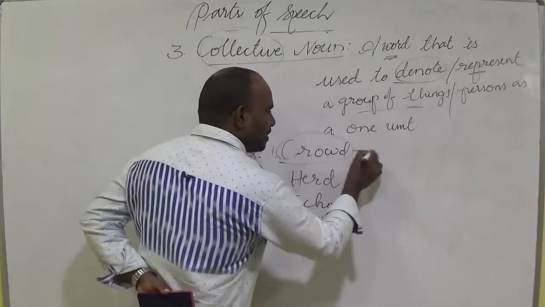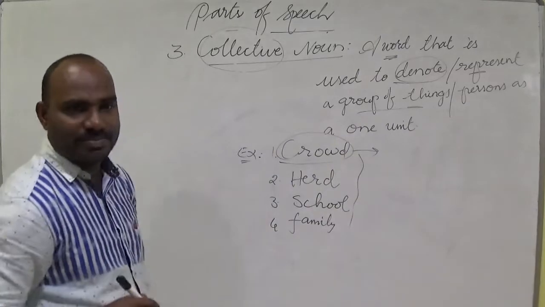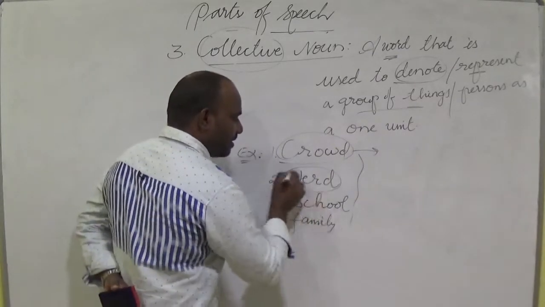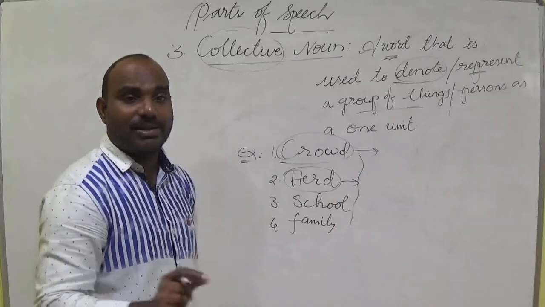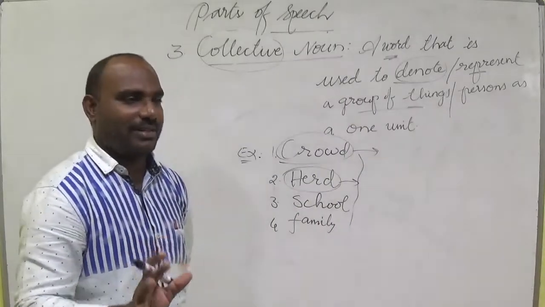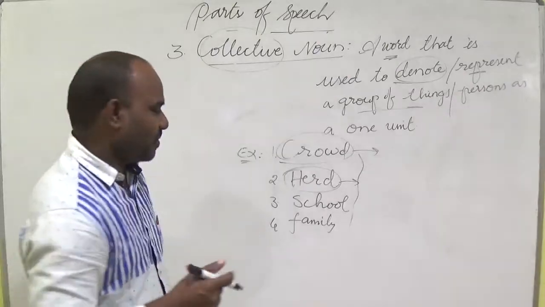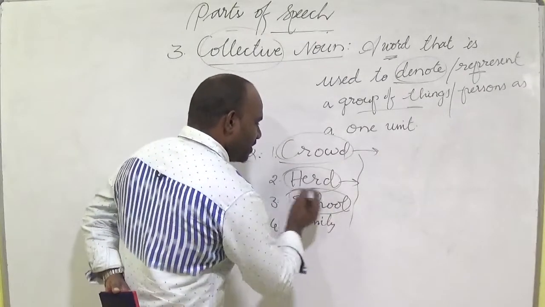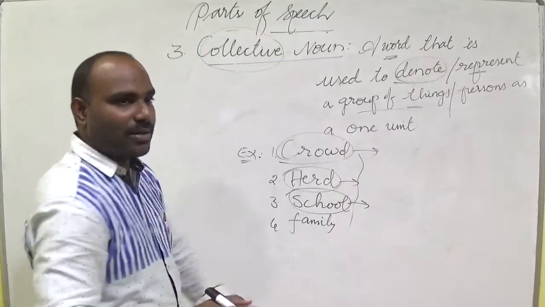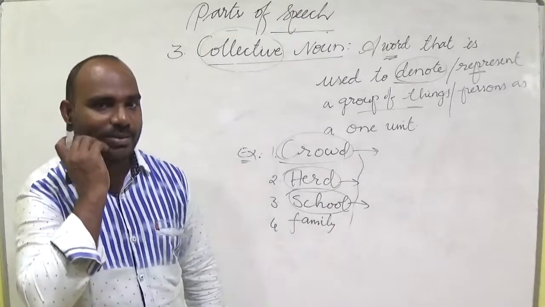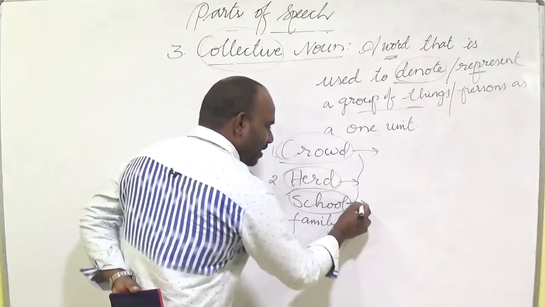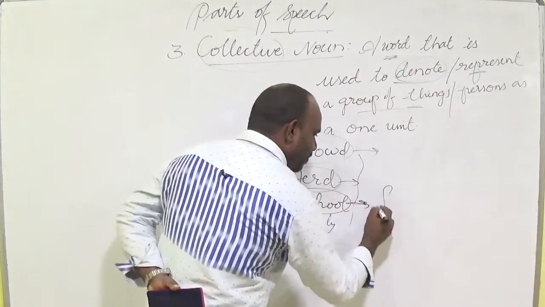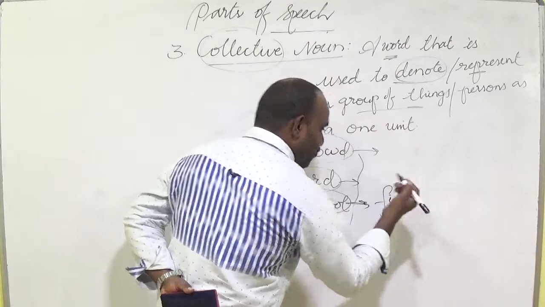Crowd means a group of people. Herd is used to denote wild animals: a herd of lions, a herd of tigers, a herd of elephants. School here is not our educational school. Here school means a school of fish.